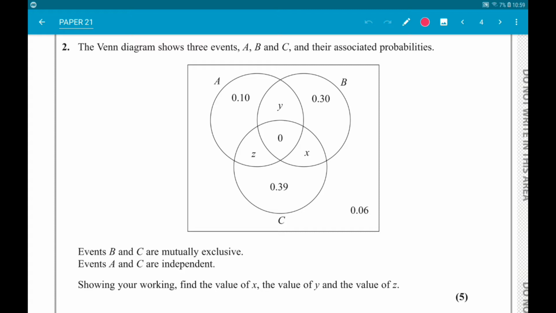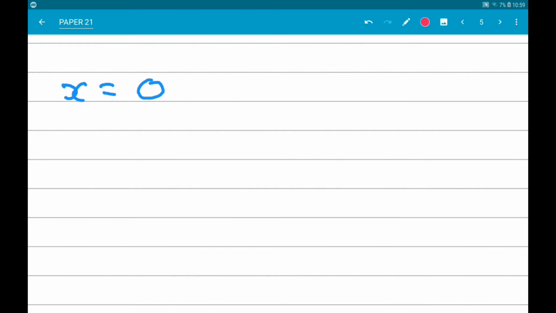So if we add all of the numbers together, we get 0.85. So we know 0.85 add y add z is equal to 1. So that tells us y add z is 0.15.